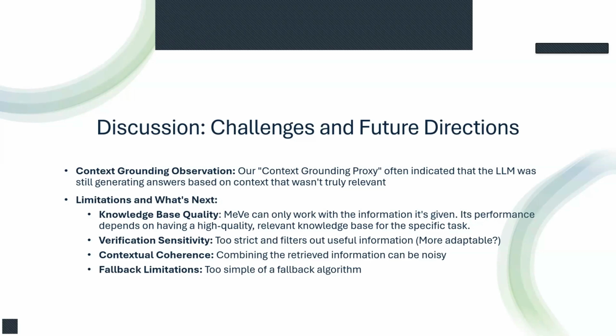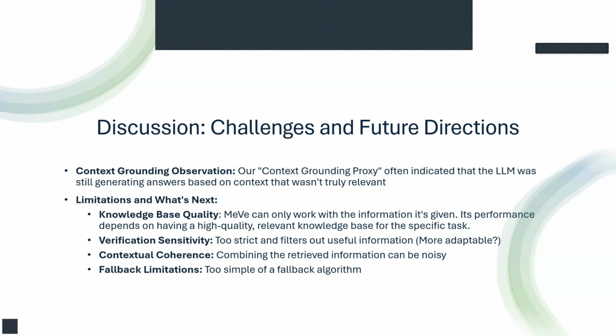Another limitation, which is verification sensitivity. If it is too strict, it filters out useful information. And this could potentially lead to something that's more adaptable. Since in our example, we just used a very simple algorithm just to show that it's working.